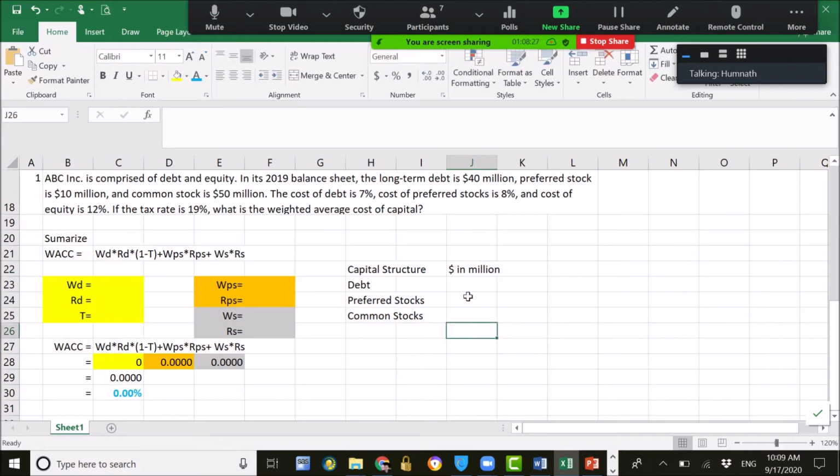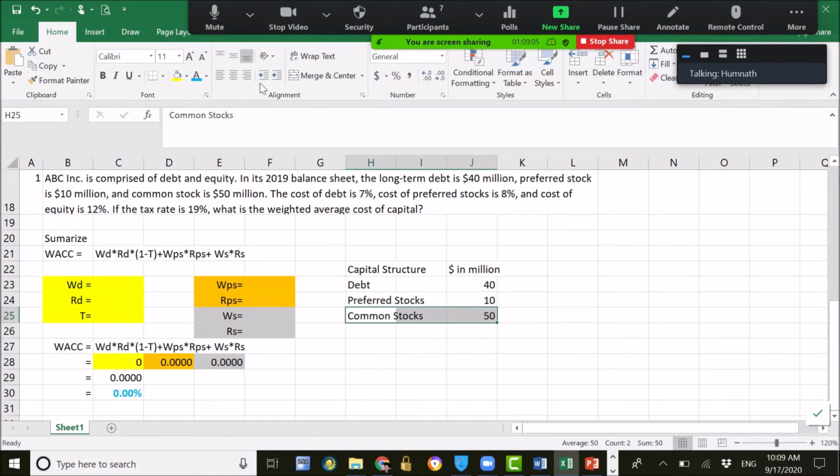Dollar in million. So how much debt do we have? Somebody please volunteer. How much is the debt this company has? 40 million. How much preferred stock? 10 million. Thank you. And how much common stock? 50. Good. I made these numbers easy to see, because earlier we had percentages.